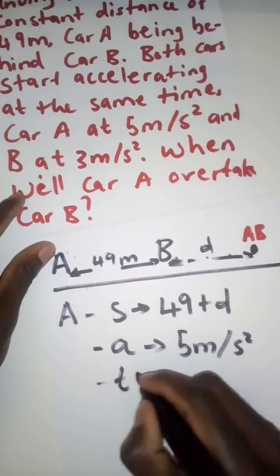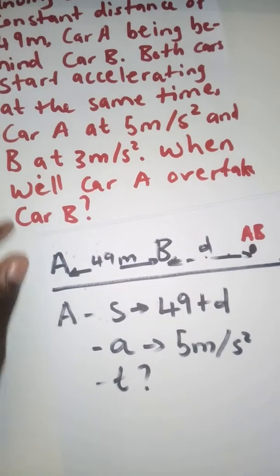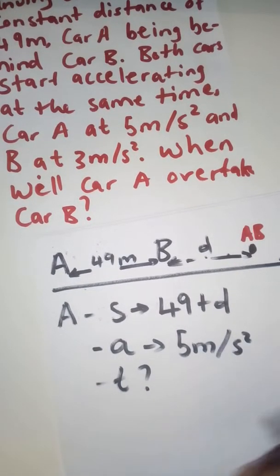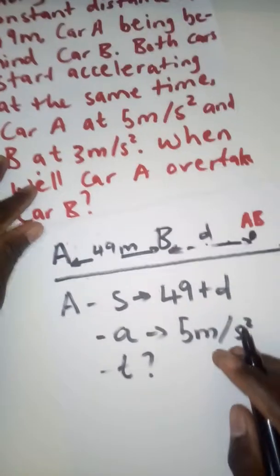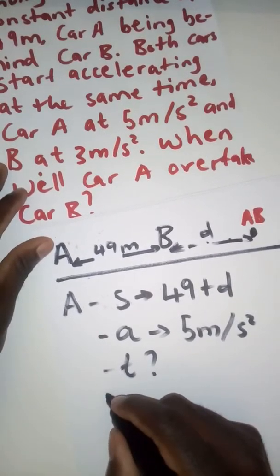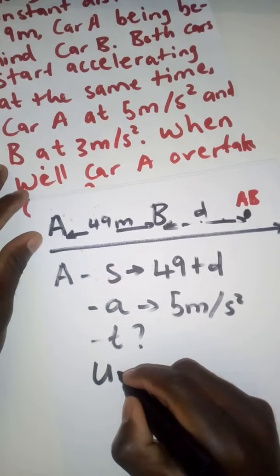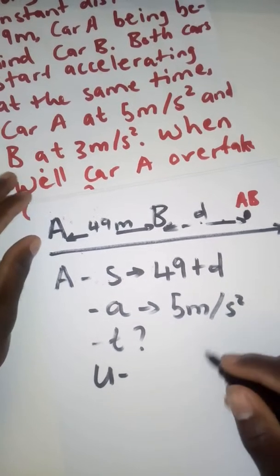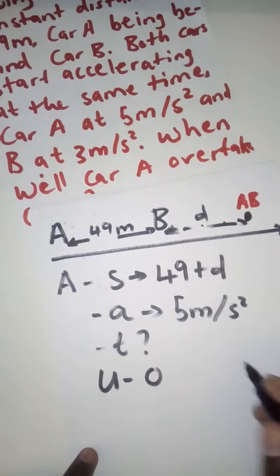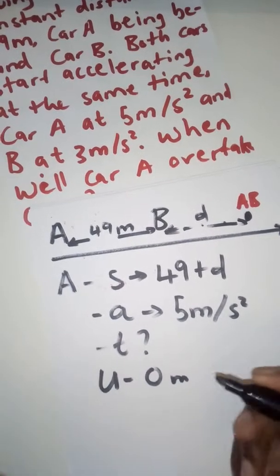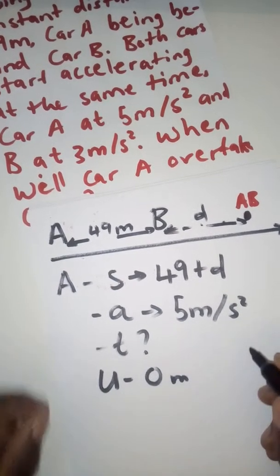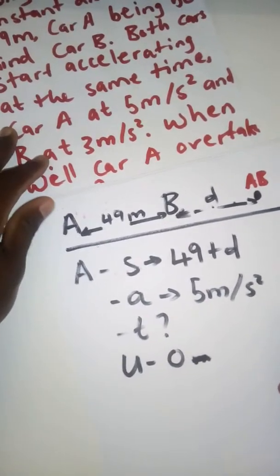We don't know our time, because that's the thing we are trying to find. Our initial velocity is 0 meters per second.